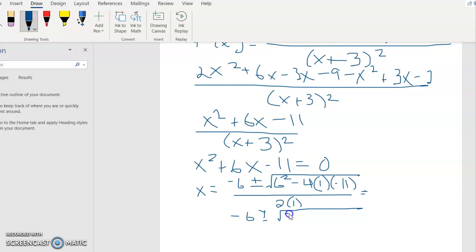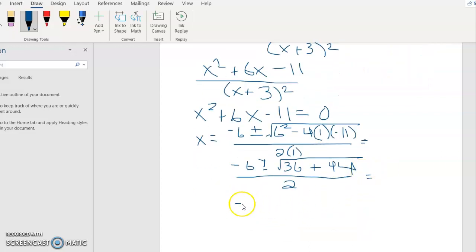That'll be 36. Then we'll have negative 4 times 1 times negative 11. That's positive 44. Over 2. And let's just continue breaking that down. And that is negative 6 plus and minus, I believe, 80, square root of 80, over 2.